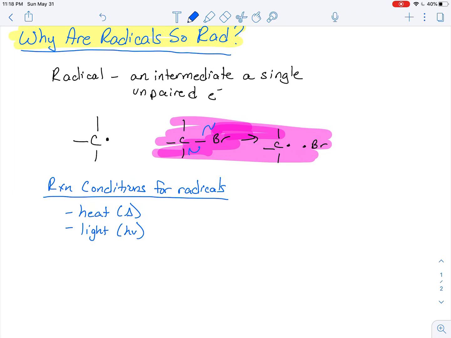We symbolize that with this symbol here. And the other one are radical initiators, right? Radical initiators, such as peroxides or AIBN, right? So these are different types of molecules or compounds that can initiate a radical reaction.